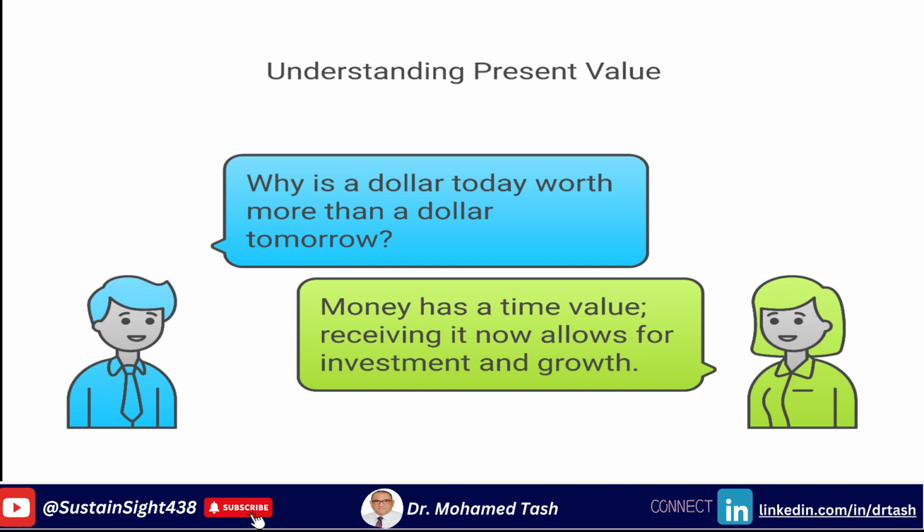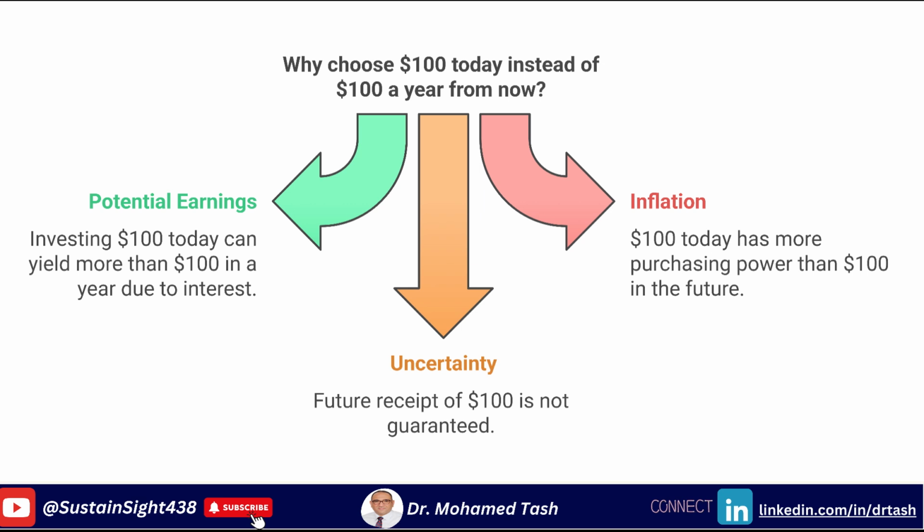Think about it. If I offered you $100 right now, or $100 a year from now, which option would you choose? Almost everyone would take the $100 today. But why? There are several reasons. First, potential earnings. If you have $100 today, you could invest it.